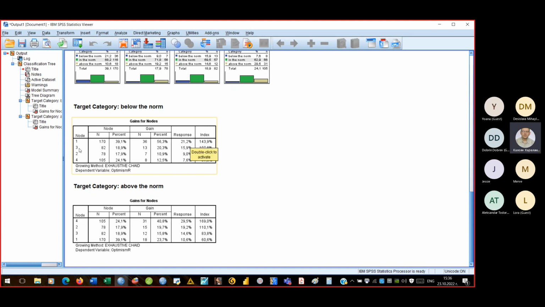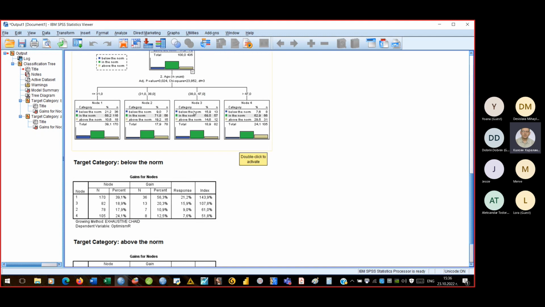And in node number 4, in the opposite, percent of persons below the norm is smallest, lowest. And in the tree, we can see these two nodes.